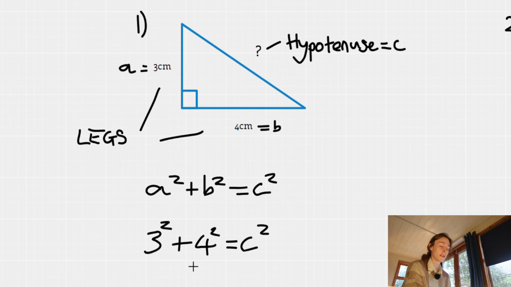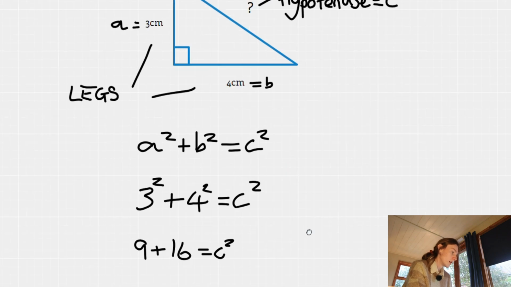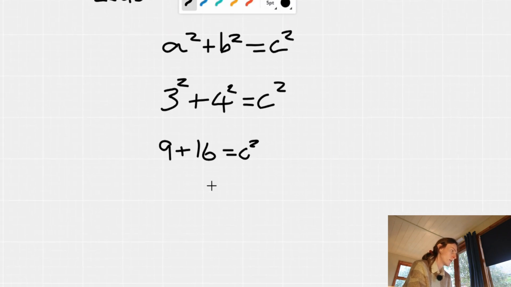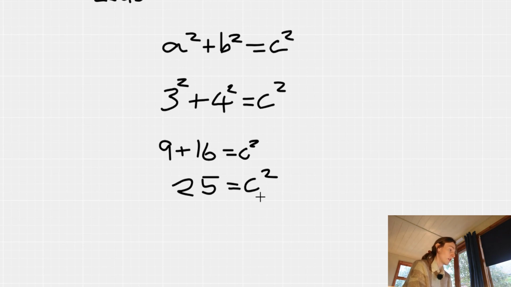Now, on this left-hand side of the equation, we have numbers, so we can just fill it out. 3 squared is 9, 4 squared is 16, this is all still equal to C squared. Add them up and we have 25 equals C squared. Now we want to find C and not C squared. So to do this, we have to square root each side.